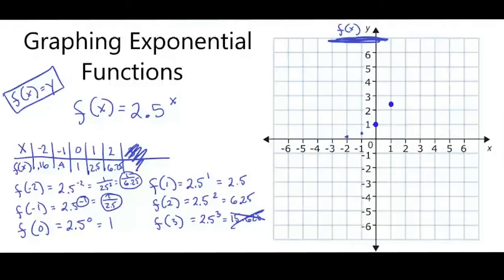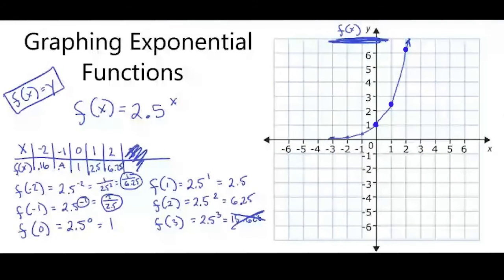When x is 2, y is 6.25. So that's 6 1/4. Now we will connect our dots with a curve, and we will extend our curves and put arrows at the end to signify that they go on forever. And that's how you graph the function f of x equals 2.5 to the x power.